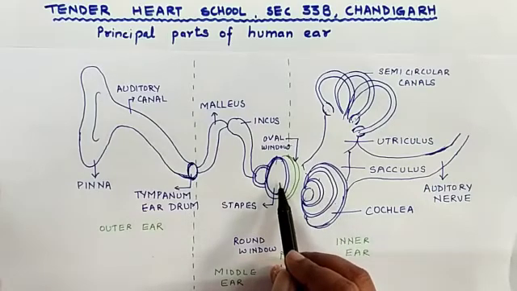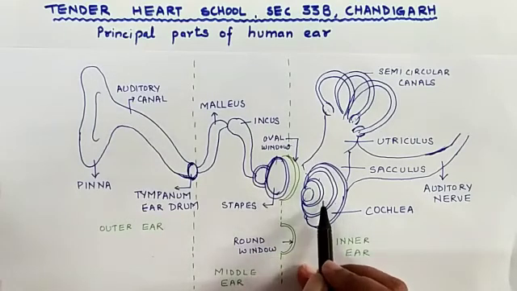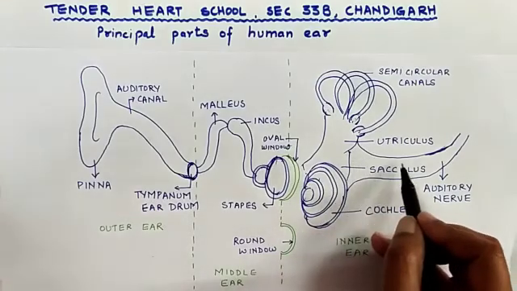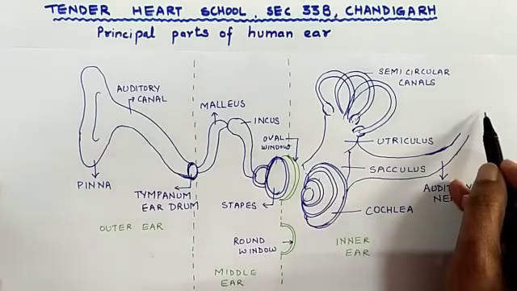The vibrations from the stapes set the cochlea fluid into motion, and these vibrations are picked up as stimulus by the organ of Corti, the sensory cells present in the cochlea. Organ of Corti picks up the sensation and sends it to the brain through the auditory nerve.